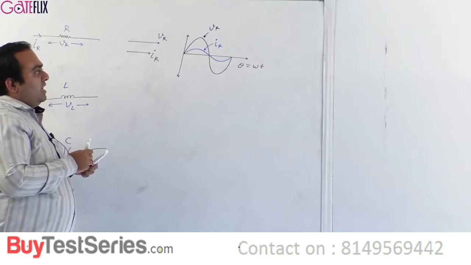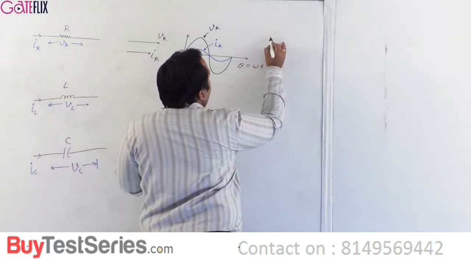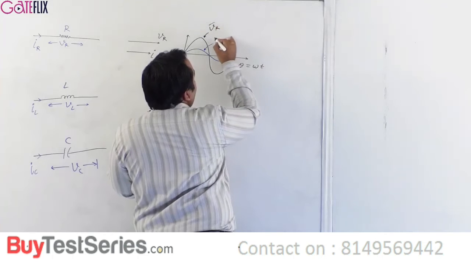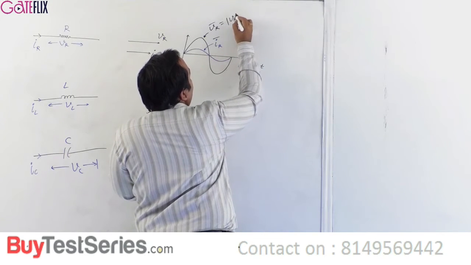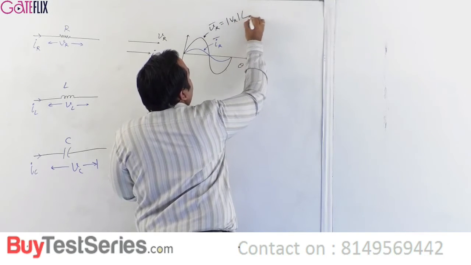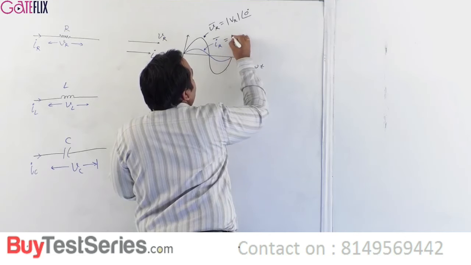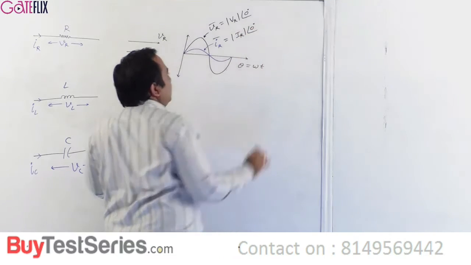Alright, so VR and IR are in phase, and you know if VR phasor and IR phasors are there, let me call it some VR magnitude angle 0 degrees, so that this IR will also be having the same phase.